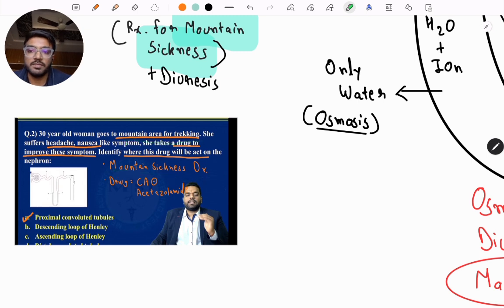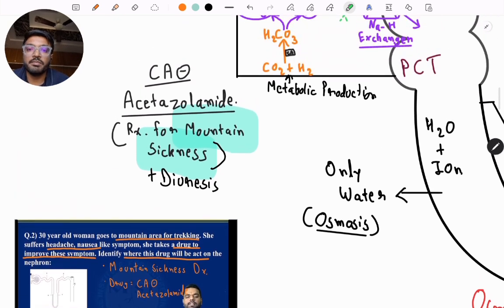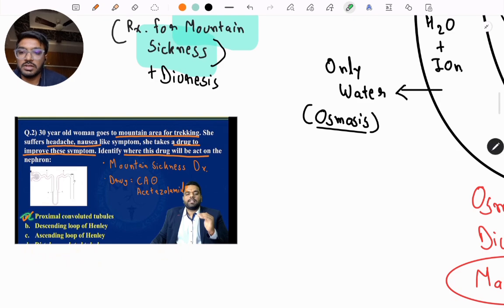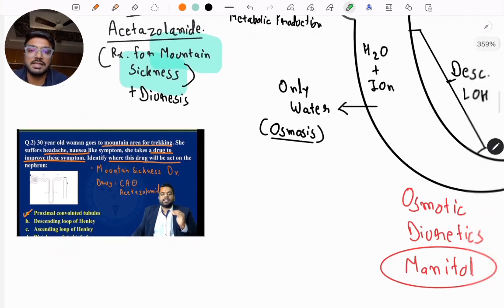So by the symptoms and the history, that mountain trekking, headache, nausea, which happens due to our respiratory alkalosis, that was our diagnosis first, that was mountain sickness. Then the drug which she used, they didn't mention the drug as well. So we know the drug that we use, that is acetazolamide, a carbonic anhydrase inhibitor. And we know now where it's going to work. So it will work on PCT. So that was the question, and the answer was proximal convoluted tubule PCT.